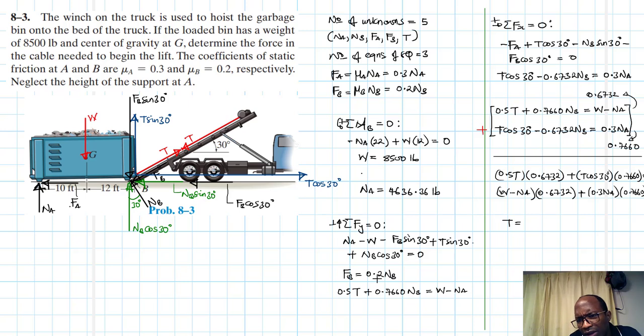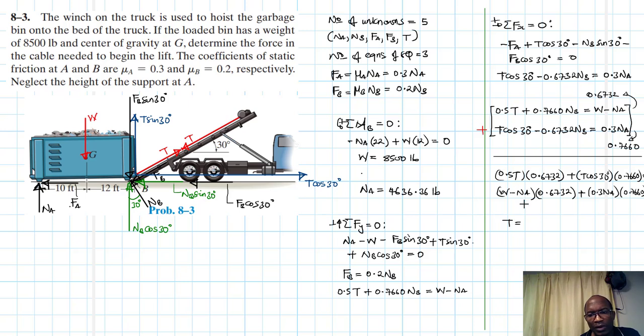let's work it out now. I think it is much clearer. So 8,500 minus 4636.36 times 0.6732 plus 0.3 times 4636.36 times 0.7660, divided by 0.5 times 0.6732 plus cos 30 times 0.7660.